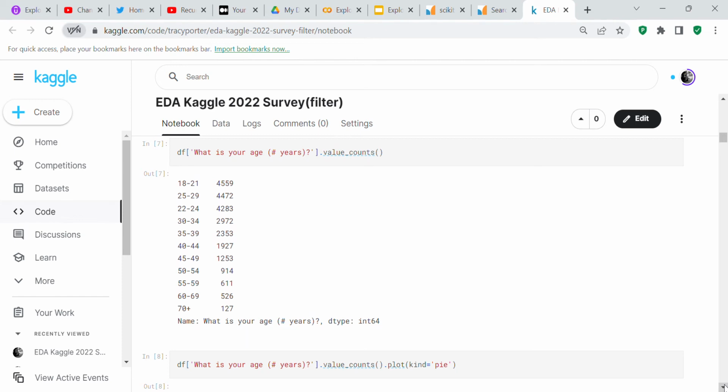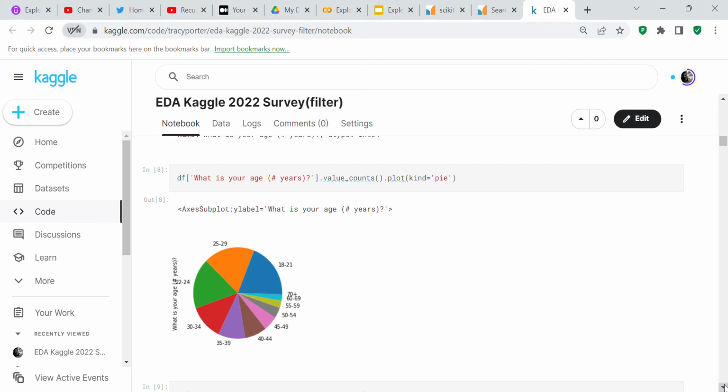You can see that the most people who responded, 4559, were 18 to 21. So young people look at this website more than older people. But you had 526 people from 60 to 69, which is my age range, and 127 people answered 70 plus, which is not my age range yet.